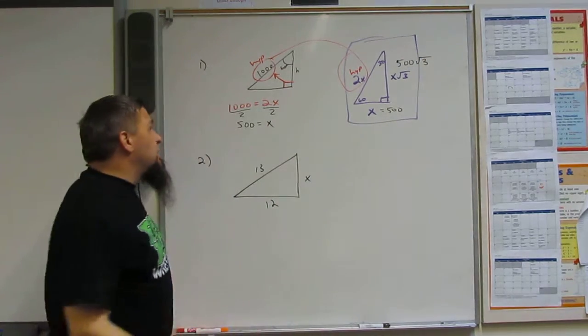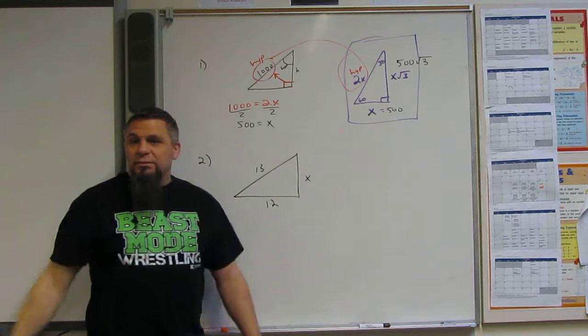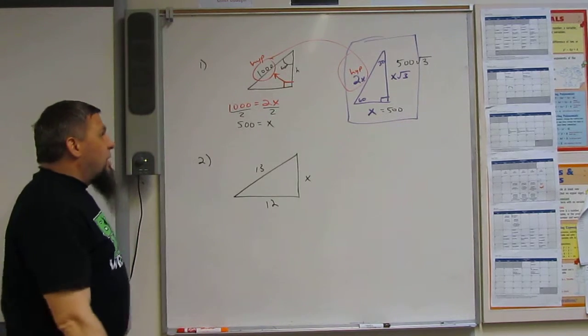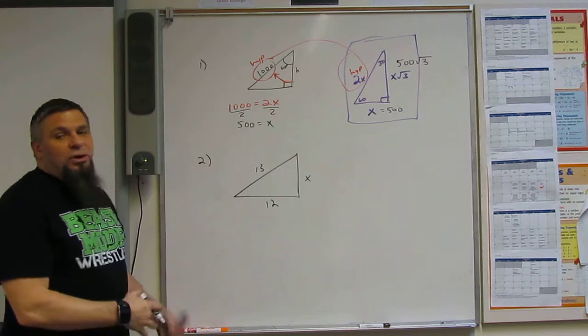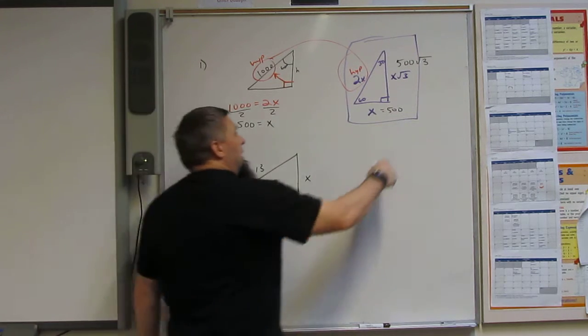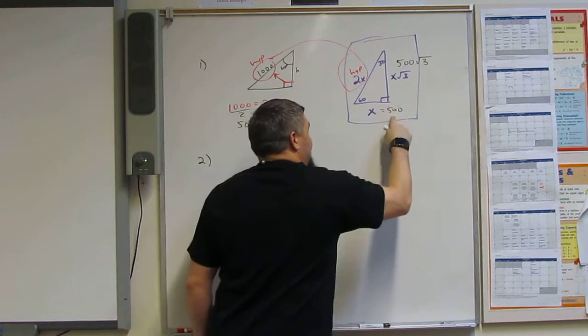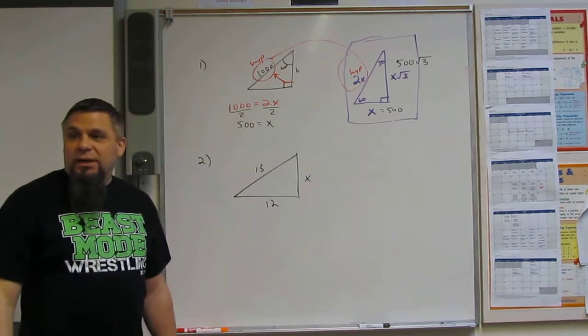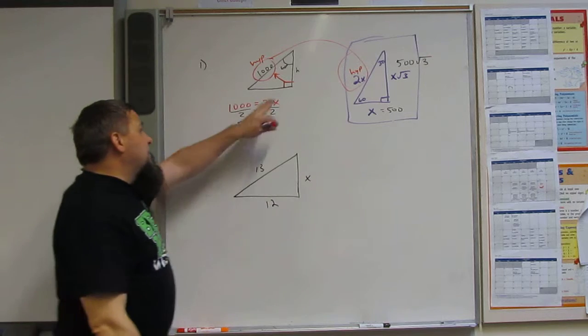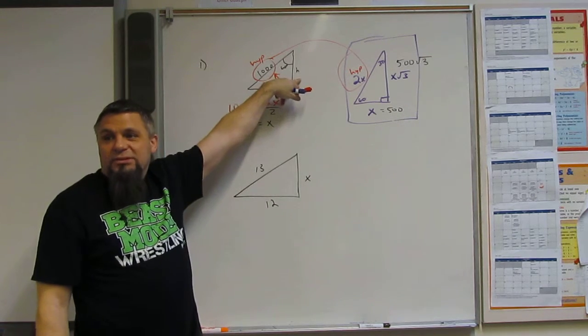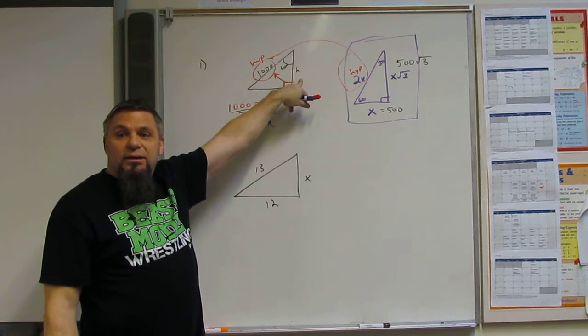And the question is, what's the height of the plane? That was the whole point of this thing. I need to know which one I'm worried about. Is the height of the plane 500 square root 3, or is it 500? It depends on whether this is the short leg or the long leg.